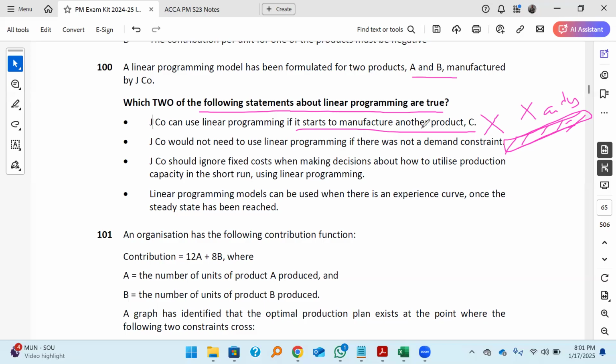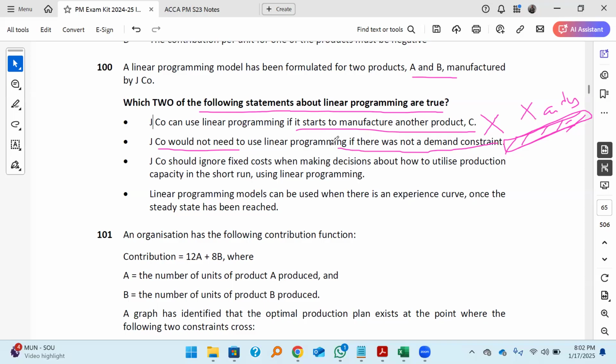The second statement says, J would need to use linear programming if there was not a demand constraint. That's not true, because the thing about linear programming is that you need to have more than one limiting factor, okay?